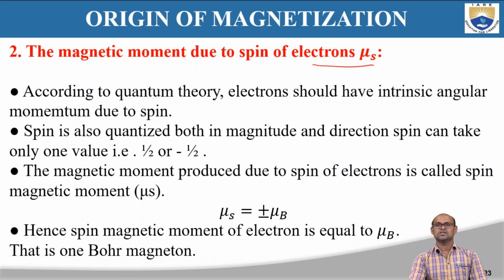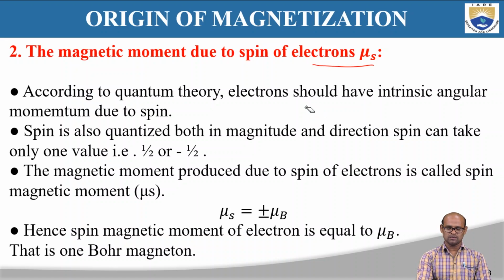Spin is also quantized both in magnitude and direction, and it can take only the value plus or minus half, based on whether the electron is revolving about its axis in a clockwise or anti-clockwise direction.